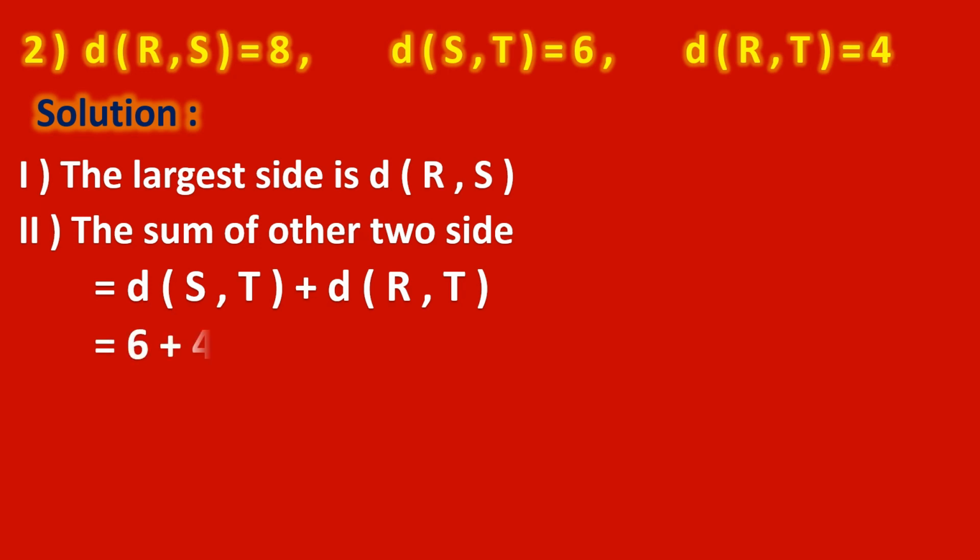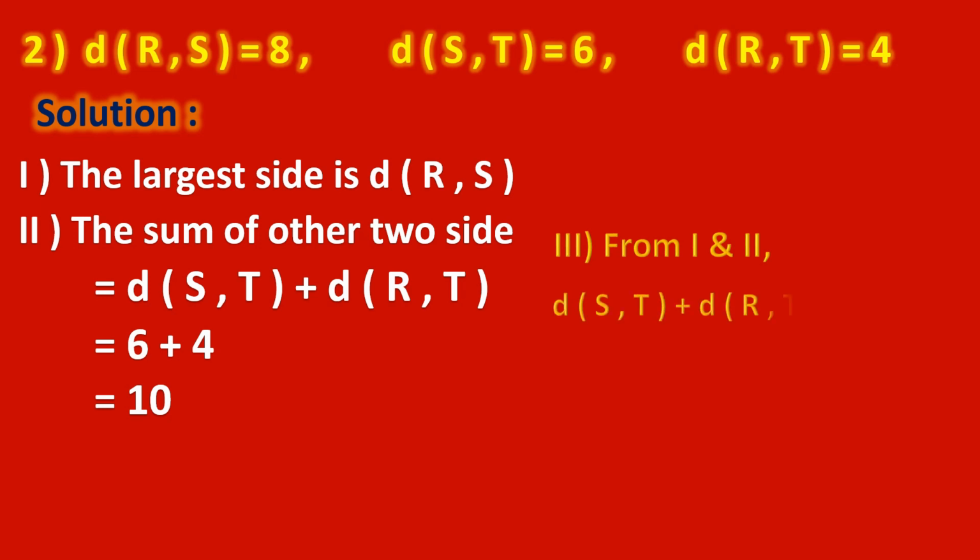ST is 6 and RT is 4. Therefore, it is equal to 6 plus 4, which is 10. RS is 8. And the sum of other two sides is 10. Therefore, from first and second, we can say distance ST plus distance RT is not equal to distance RS. Therefore, points are not collinear.